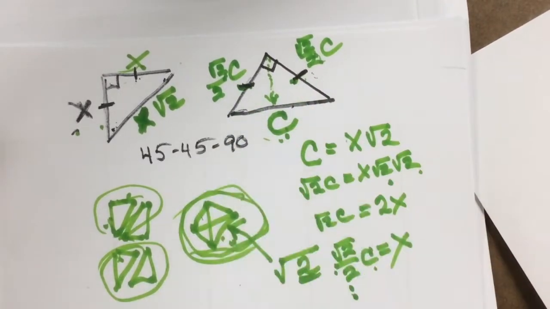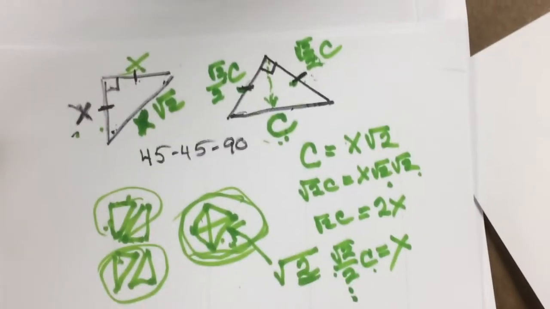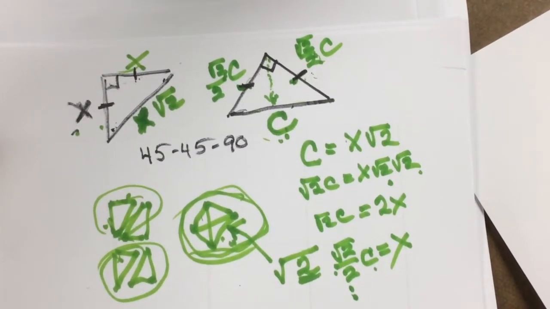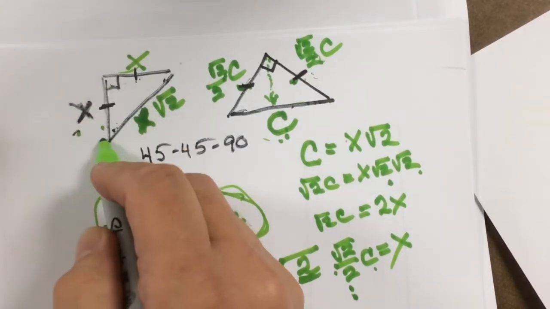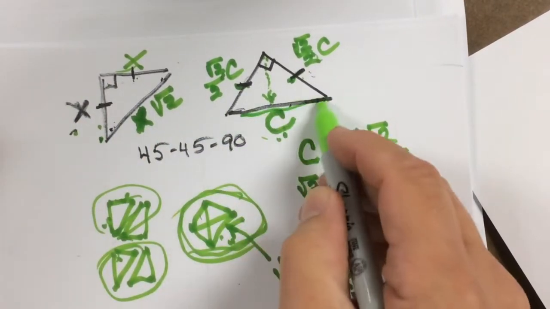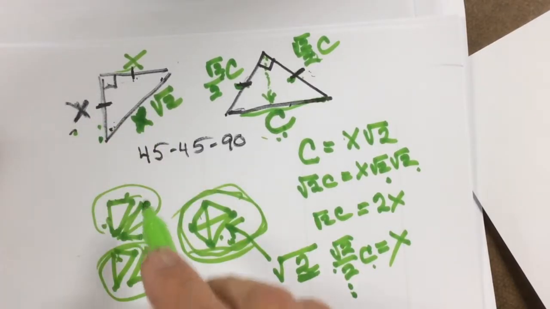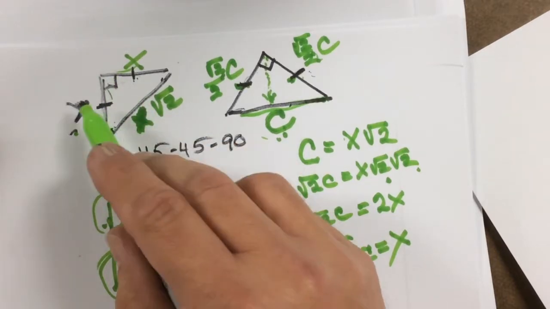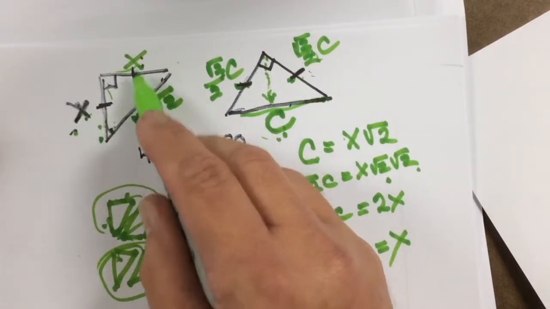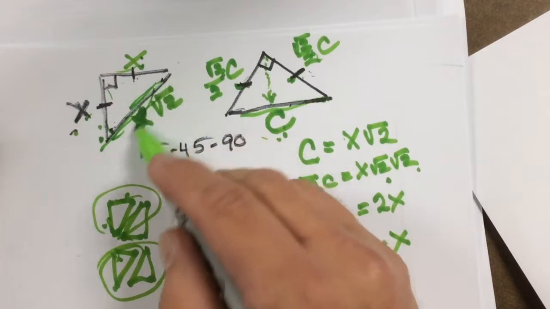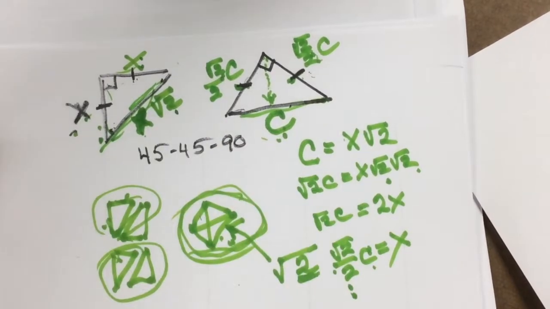If the answer is yes, then the next question is, was I given a leg, or was I given the hypotenuse? Whichever one you were given, you then look at your resource page and say, oh, I was given the leg, so I know the other leg is the same, and the hypotenuse is that number times the square root of 2, all done.